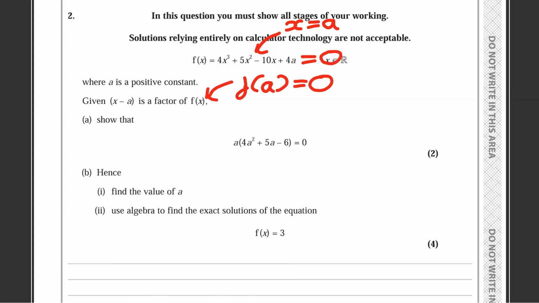And what's useful about this is if we sub in x is equal to a into this function and equal it to 0, we can rearrange it in order to get this equation here.